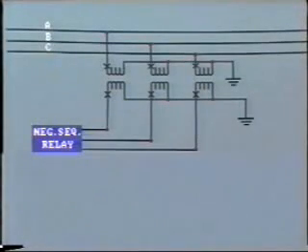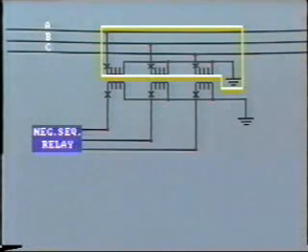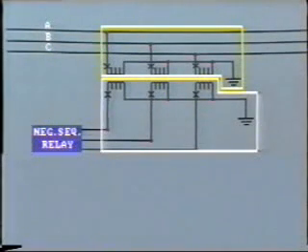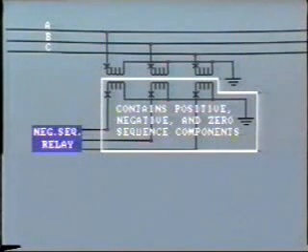Now let's look at the VT connections. The primary and secondaries are Y-connected with grounded neutral. The secondary supplies potential containing positive, negative, and zero sequence components to the relay's negative sequence voltage coils.